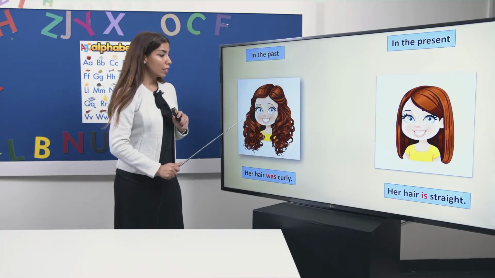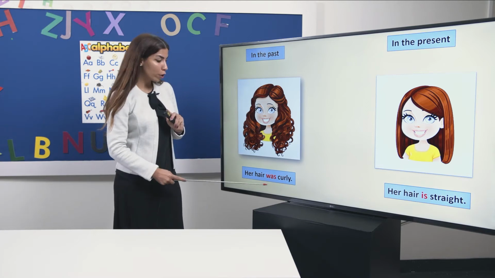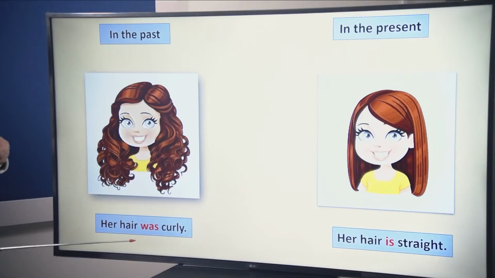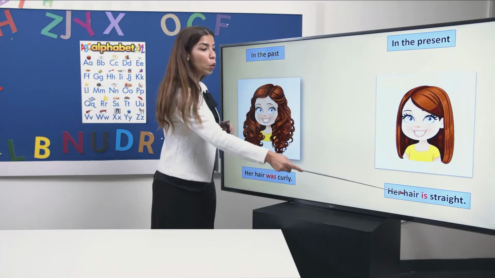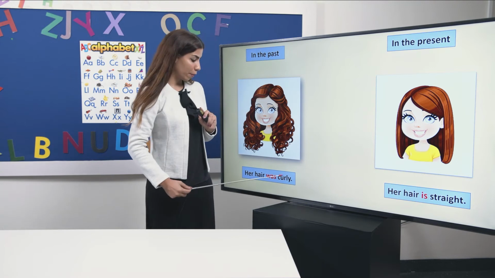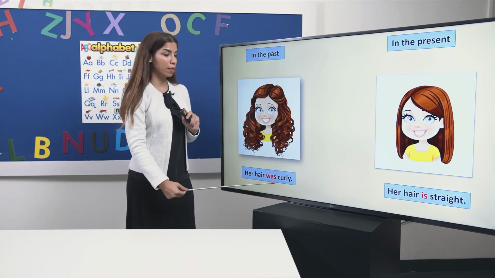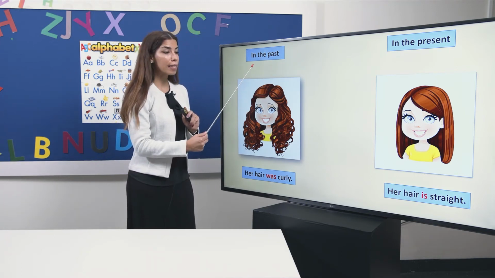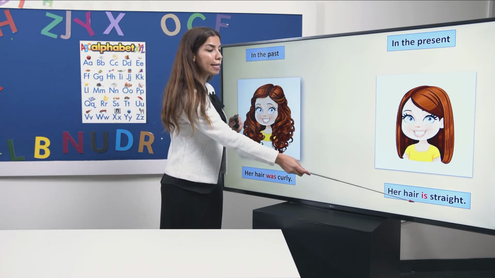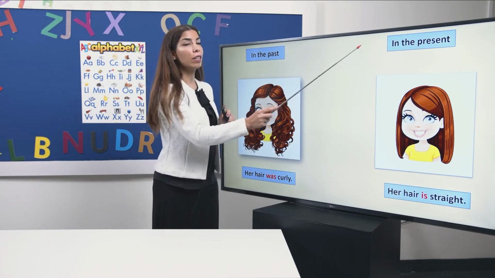So, when we described her hair in the past, we used was. And when we described her hair in the present, we used is. Her hair was curly in the past, and her hair is straight in the present.